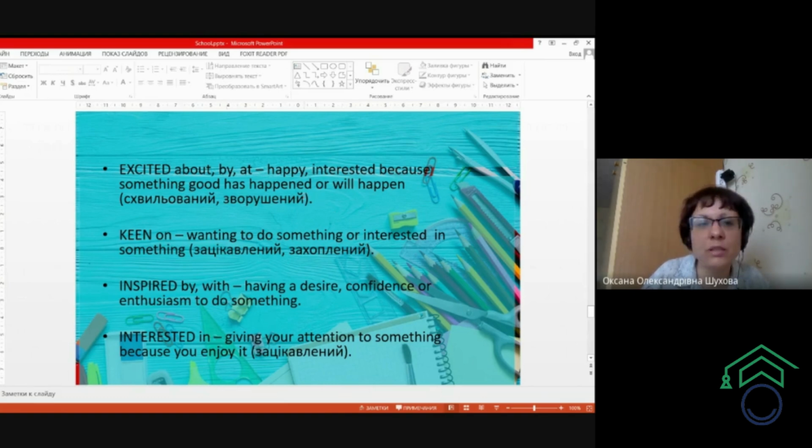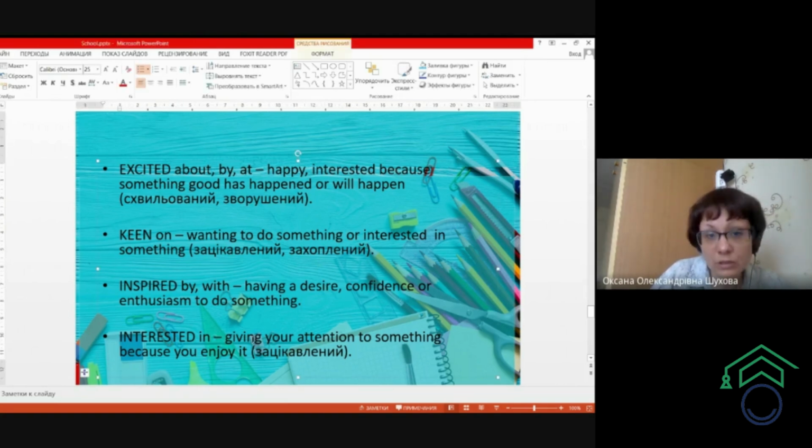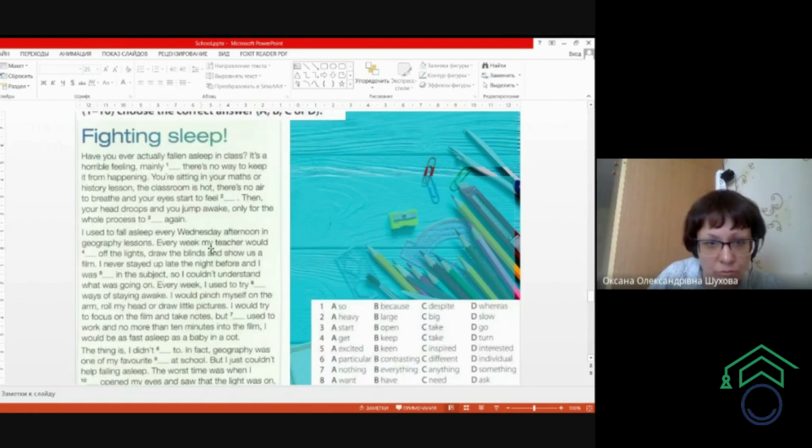Схвильований, зворушений, так? Keen on. Keen вимагає прийменника on. So it means wanting to do something or interested in something. Зацікавлений або захоплений. Inspired by or with, having a desire, confidence or enthusiasm to do something. Натхненний. And interested is followed by in, giving your attention to something because you enjoy it. Зацікавлений. Тобто саме цей варіант нам підходить найбільше тут, тому що далі йде прийменник in.